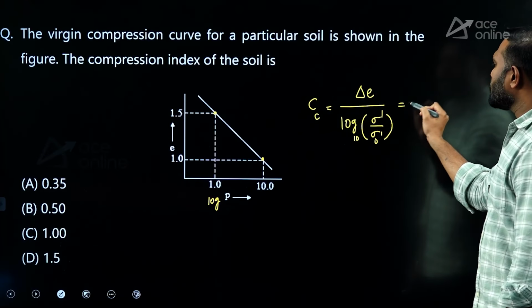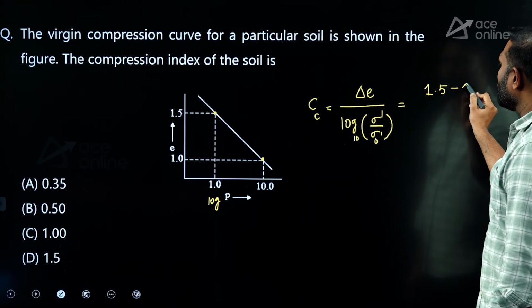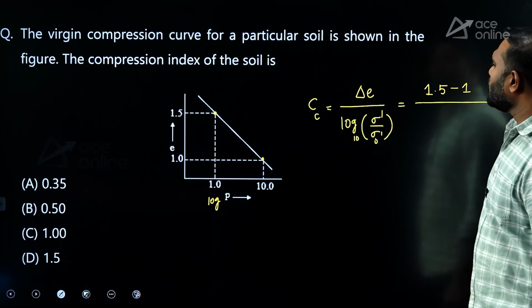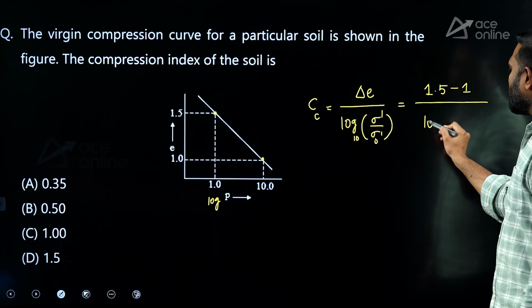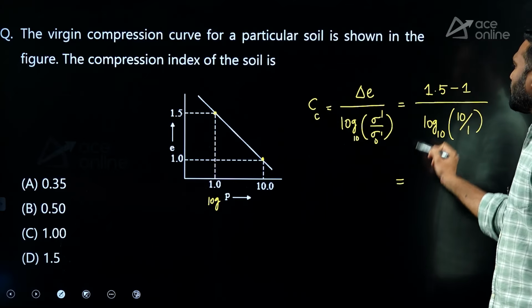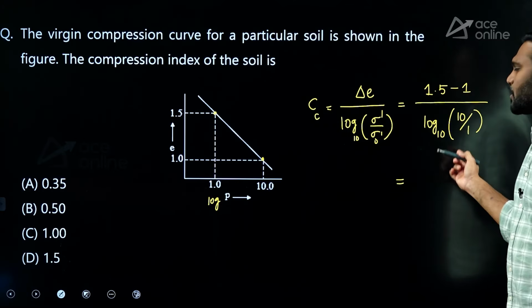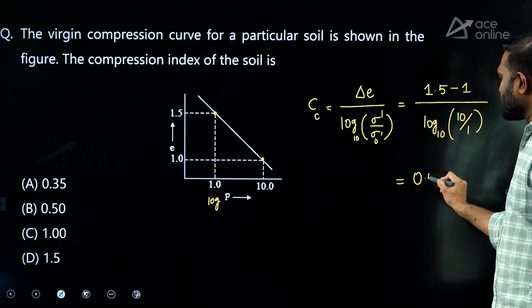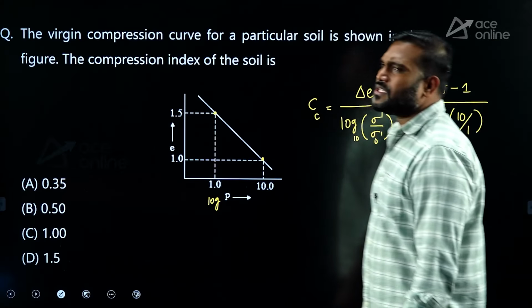What is the change in void ratio? 1.5 minus 1 by log base 10 of 10 by 1. Log 10 is 1. So the correct answer is 0.5. This is a direct answer.